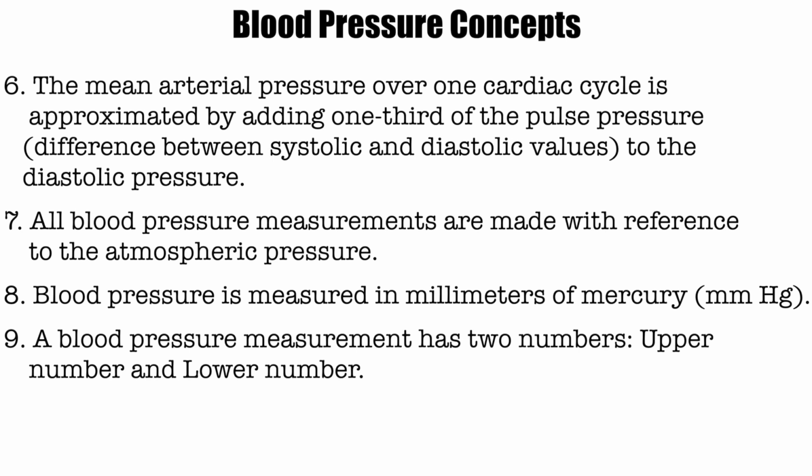Remember, all blood pressure measurements are made with reference to the atmospheric pressure. Blood pressure is measured in millimeter of mercury, that is mmHg. A blood pressure measurement has two numbers, upper number and lower number. Upper number represents systolic pressure and lower number represents diastolic pressure.